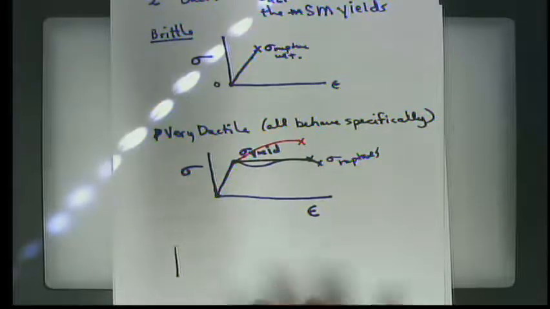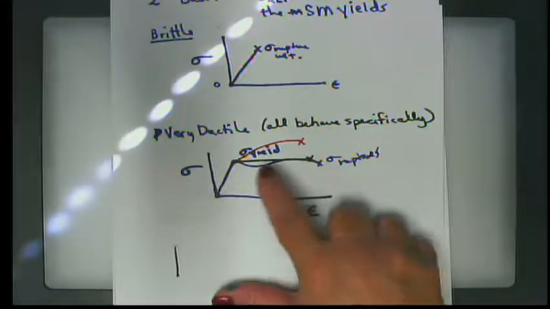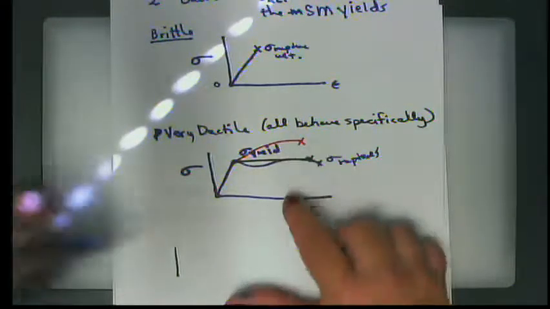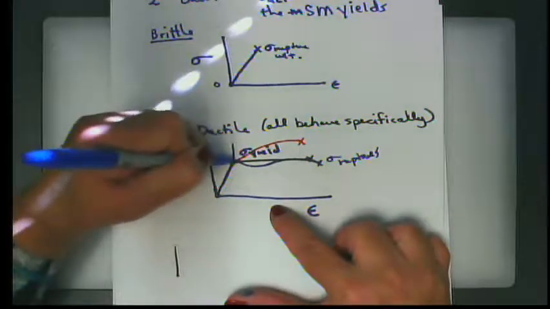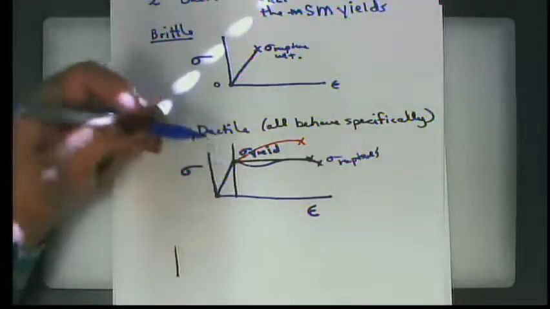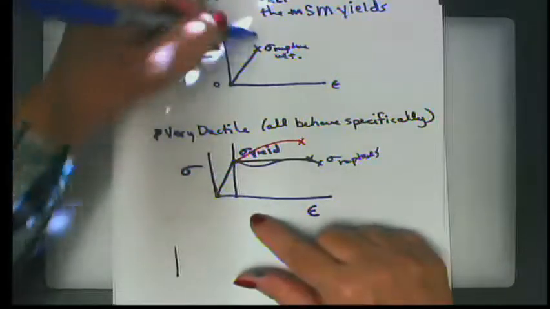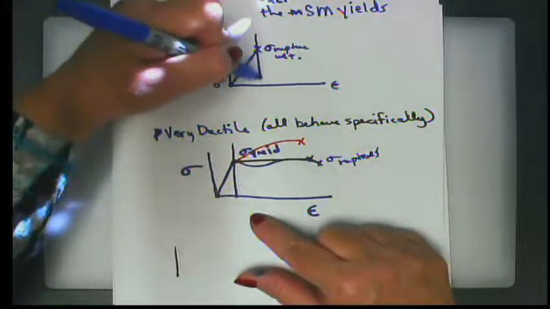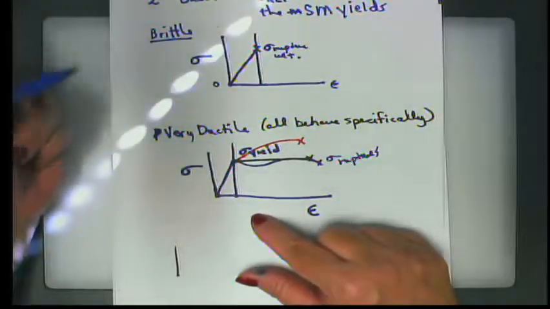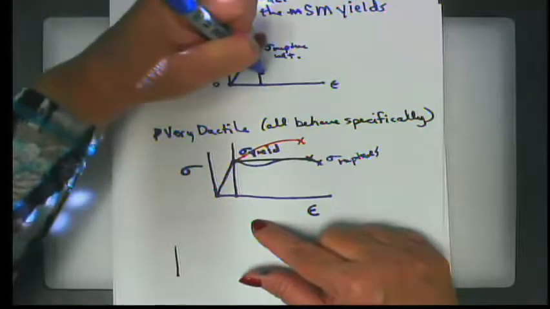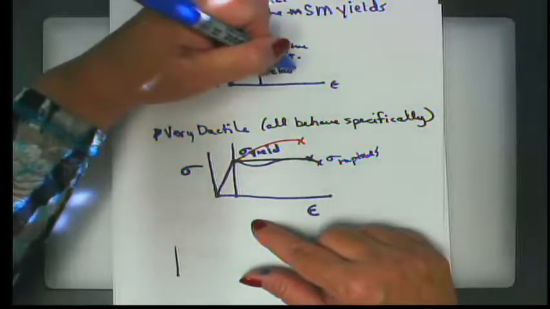So what happens with a ductile material is that after we reach this point of yield, whatever it looks like, we refer to that point, we also refer to it in a brittle material, as the elastic limit.